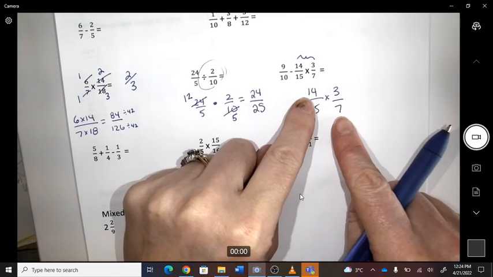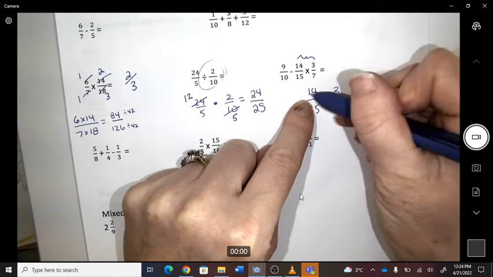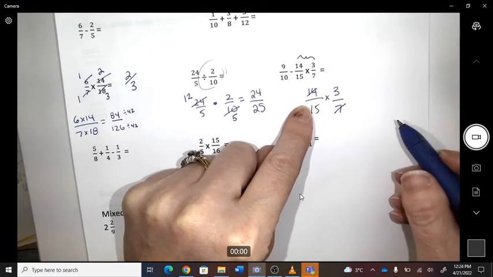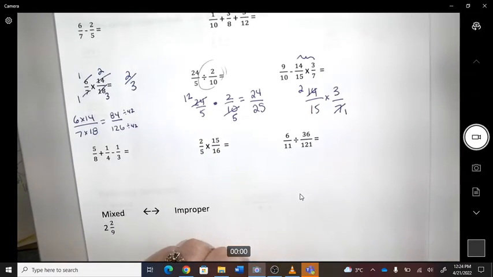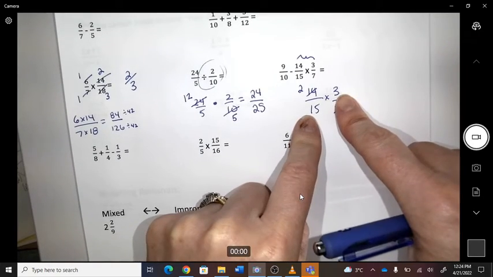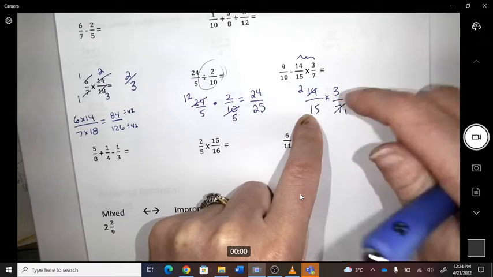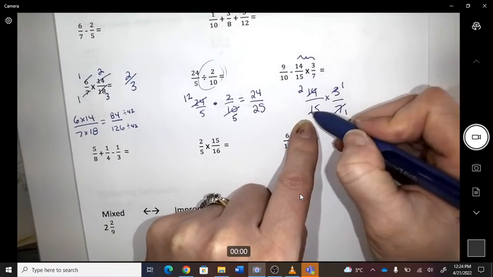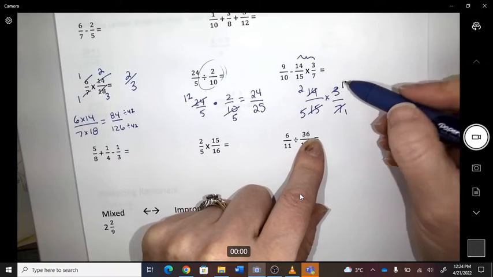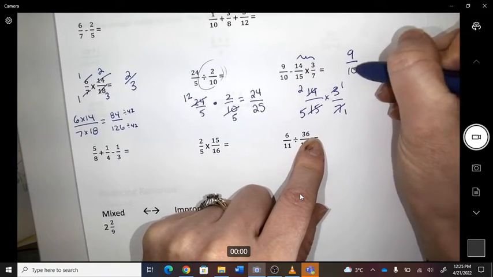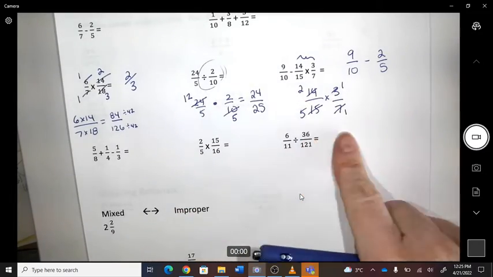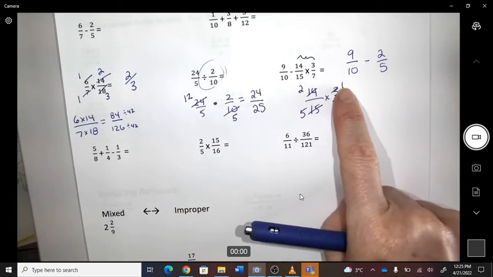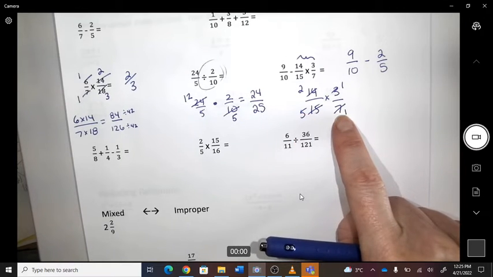So 14 and 7, top and bottom, that could turn into a divide by 7 is 2, divide by 7 is 1. 3 and 15, I could divide those both by 3, turning this into a 1 and a 5. So that all would come to be a 2 over 5.